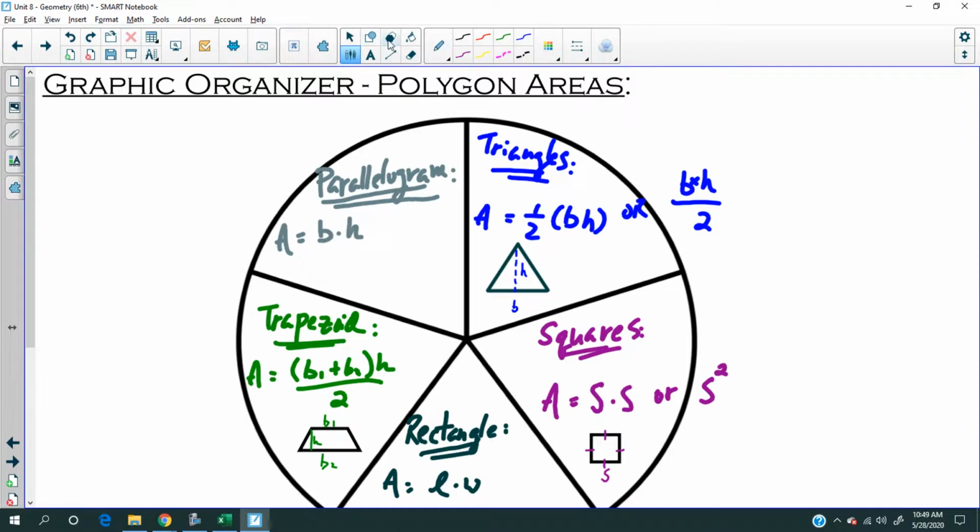So let me draw a parallelogram. All right, let's see. Now, there we go. Now let's do it here. So what's a parallelogram? What color was that?